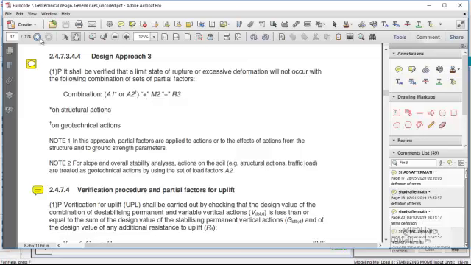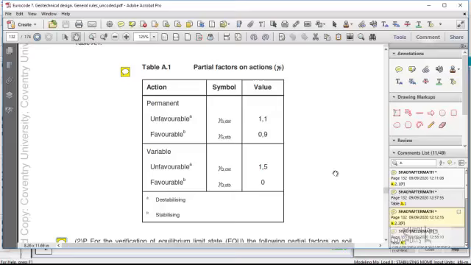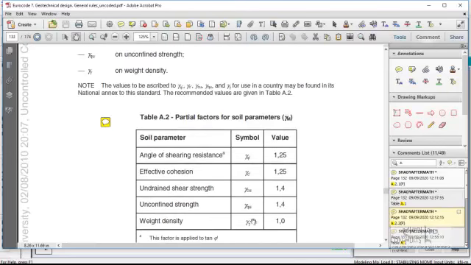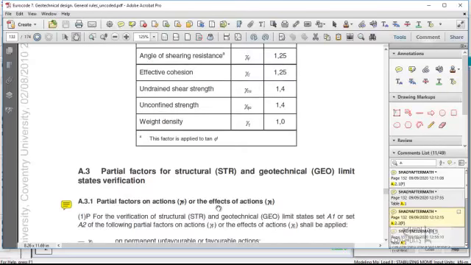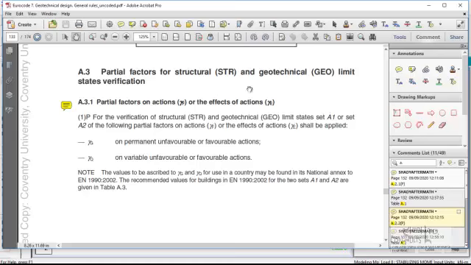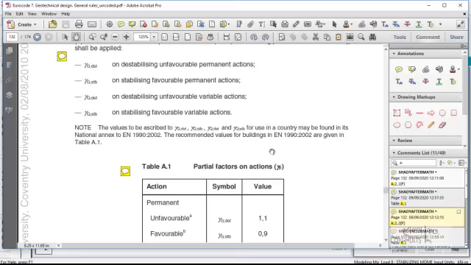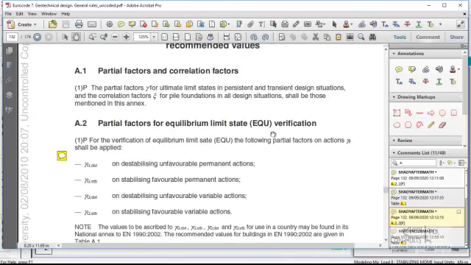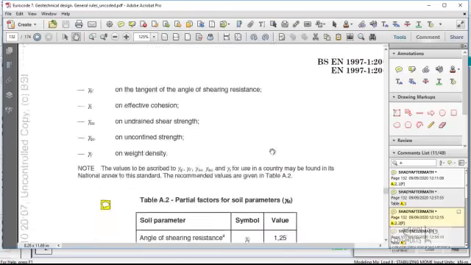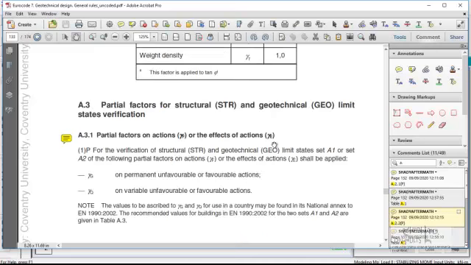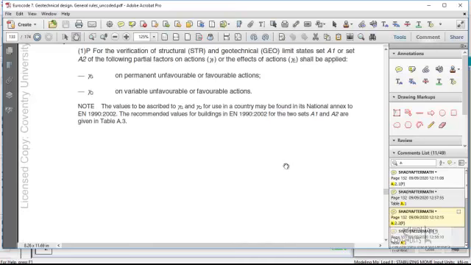Now, what is A2? We go to the partial factors of safety for geotechnical and structural limit state considerations. The first section is partial factors for equilibrium limit state consideration, so for geotechnical and structural we come here.